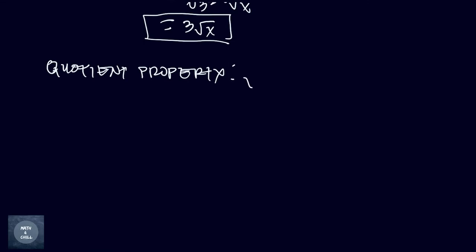If na kay expression na the nth root of a over b, equal na siya sa the nth root of a over the nth root of b. Siya ang kasagutan na.